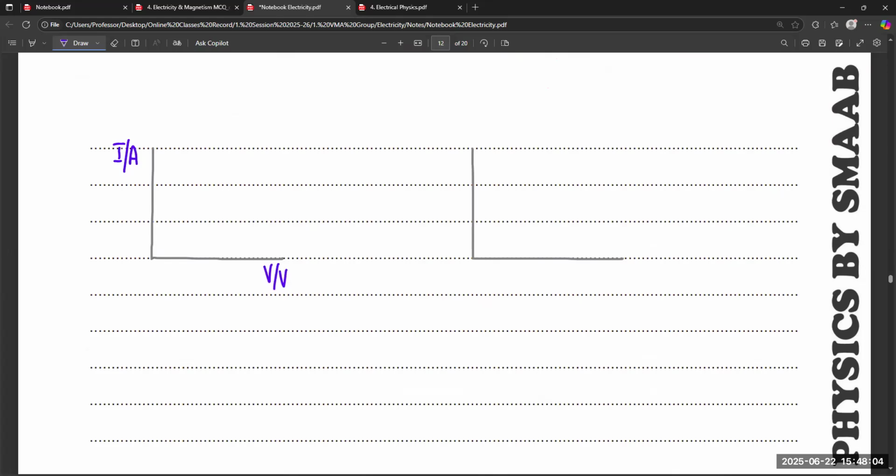And in second representation, we are taking voltage on y-axis and current on x-axis.